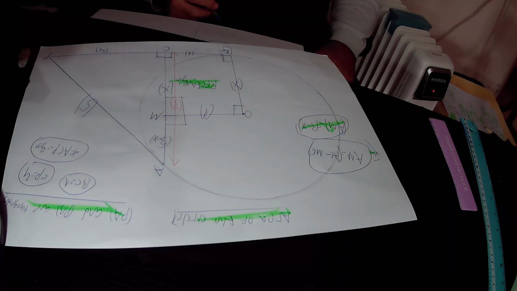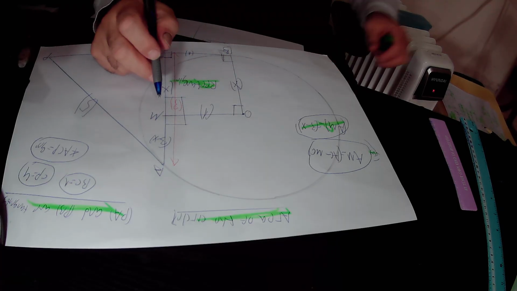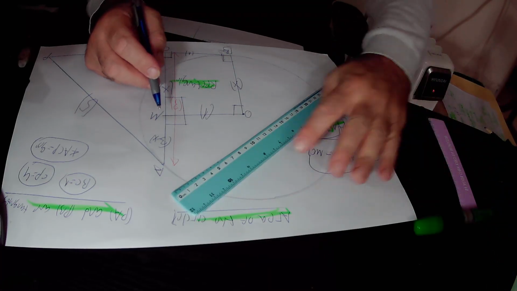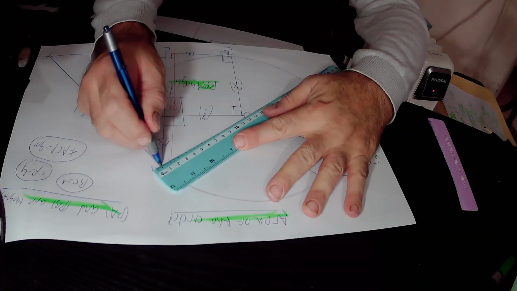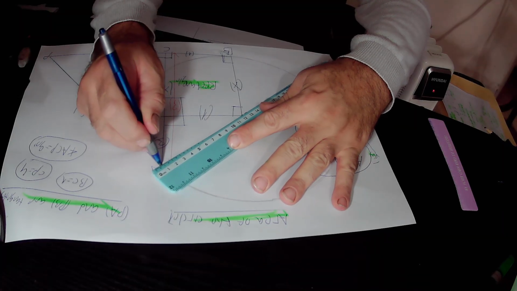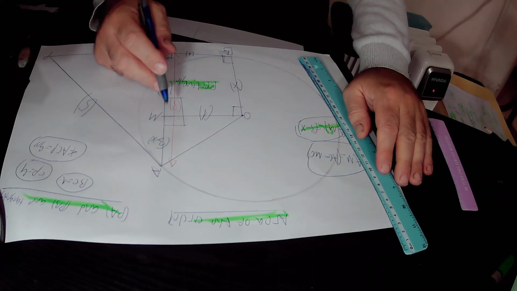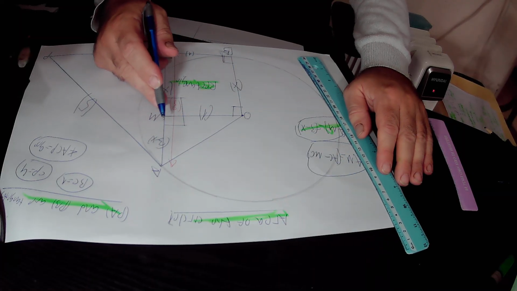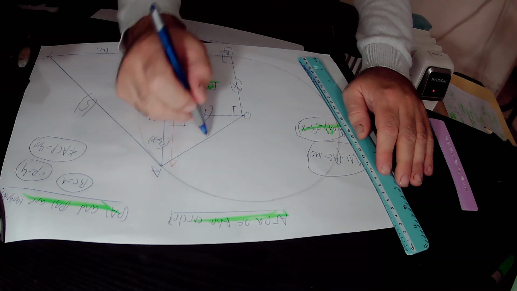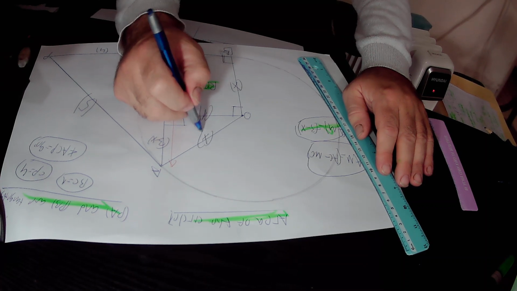In the next step, we will join points O and A together by a straight line. Point O is the center of this circle, point A is a point of the circle itself, therefore OA is the radius of this circle, and equals x.